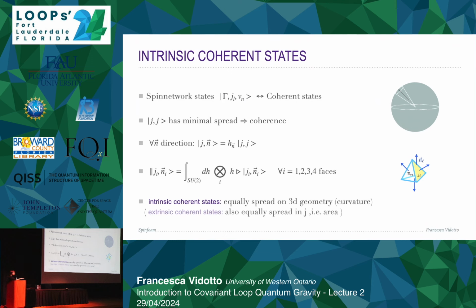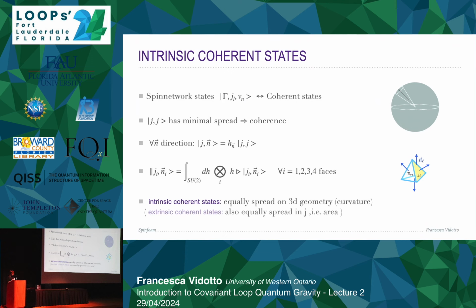So I go and I measure a certain geometry, or let's say that I have a problem in mind and I know what is the classical configuration that I wanted to describe. So I construct a quantum state that is peaked on that particular geometry. That geometry could be the one of Minkowski, for instance, if I wanted to do the propagation of a graviton, or could be a Schwarzschild geometry in the case of black holes. So it could be a homogeneous and isotropic geometry.